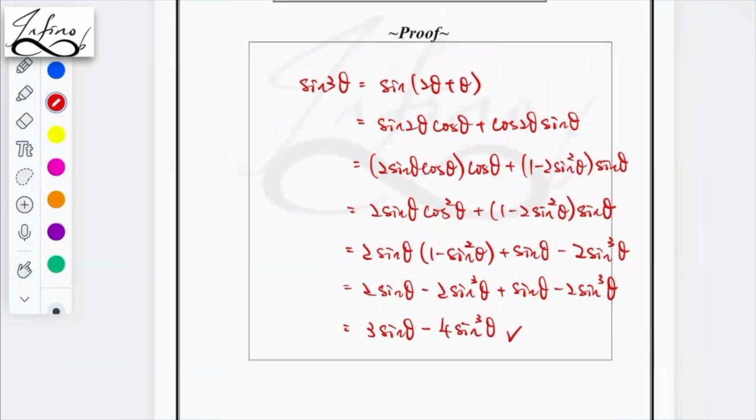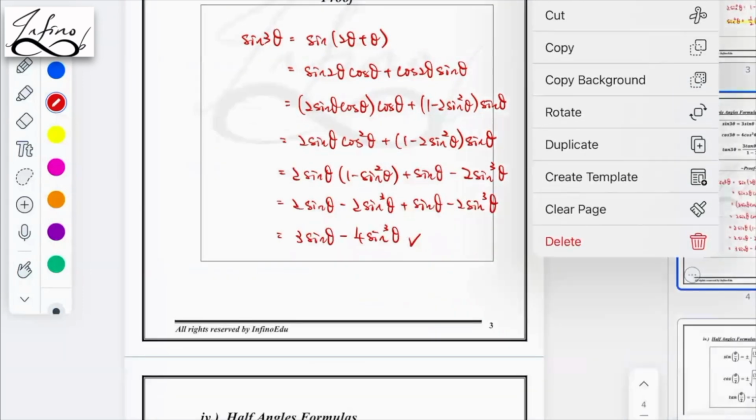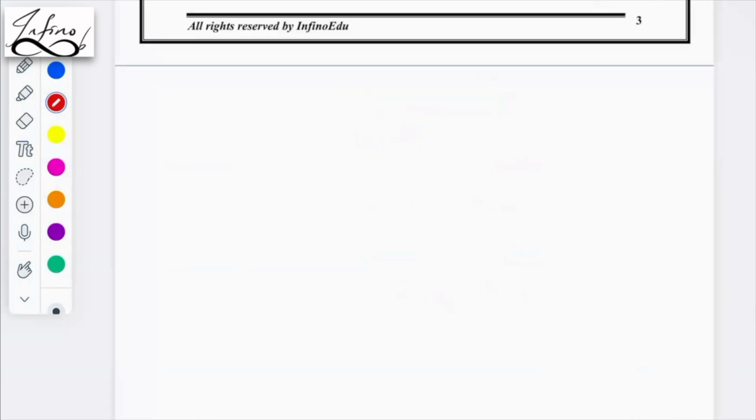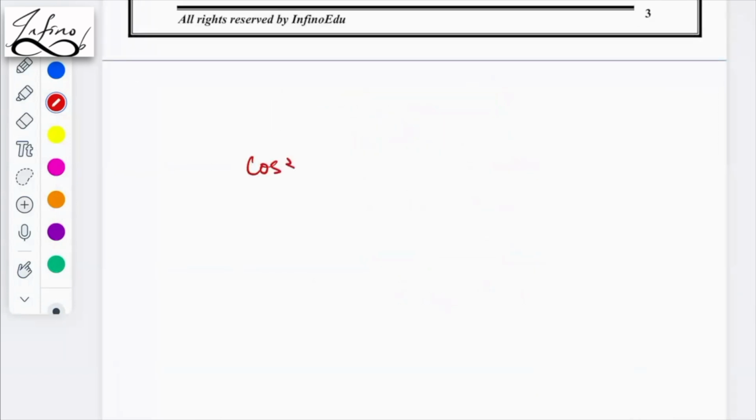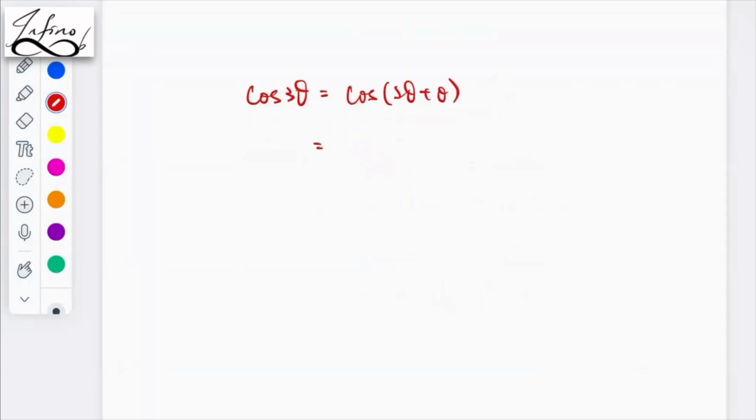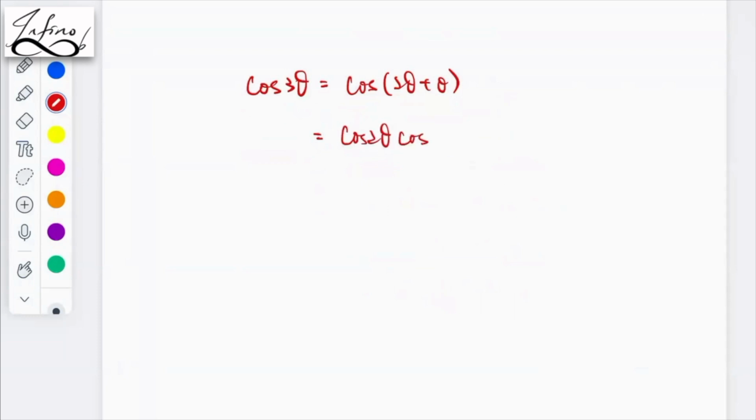And then for cosine 3 theta, just the same, I use cosine 3 theta equals cosine of 2 theta plus theta, then the compound angle formula, which is cosine 2 theta cosine theta minus sine 2 theta sine theta.